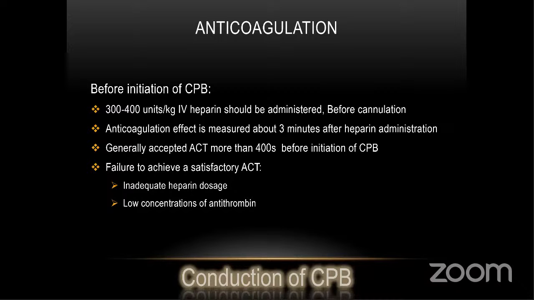So failure to achieve the targeted ACT is due to either inadequate heparin dosage, so heparin can be re-administered with a maximum dose of 500 units per kg, or a low concentration of antithrombin.